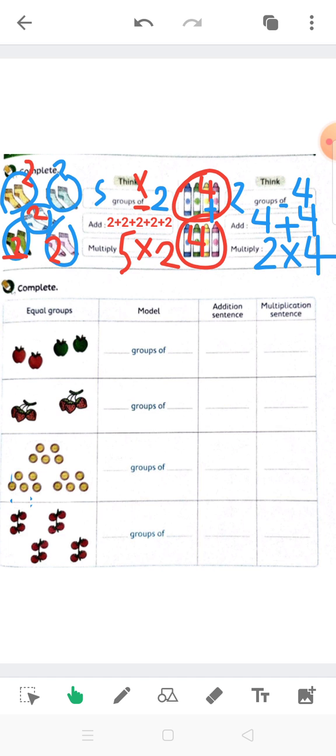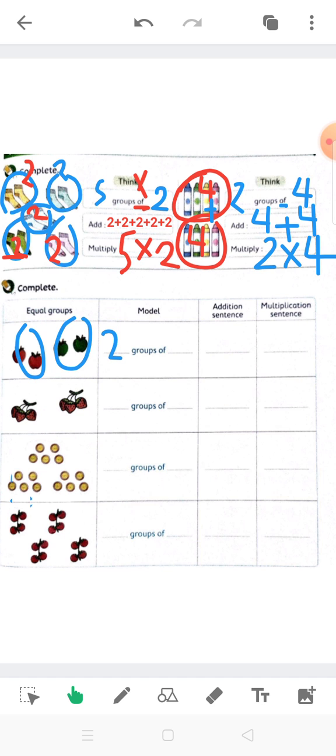Okay, look at the next exercise. I have some equal groups. Then it asks me to write the addition sentence and the multiply sentence. Look here. How many groups do we have? I've got 2 groups. Each group has how many apples?